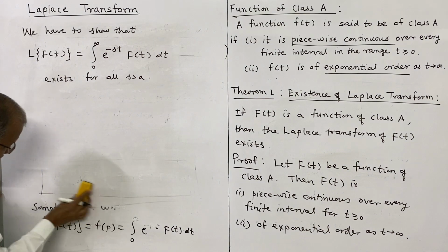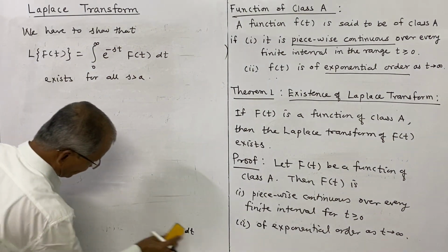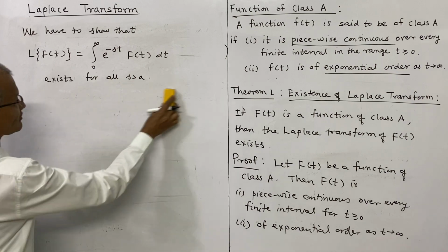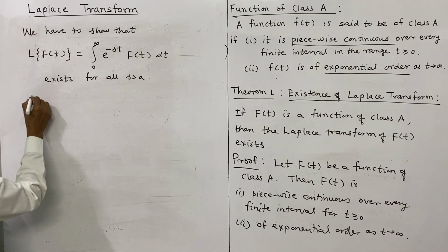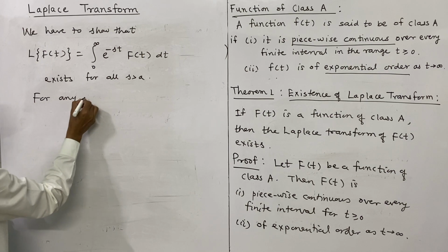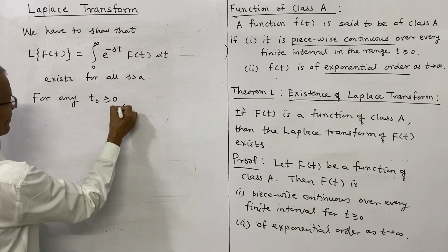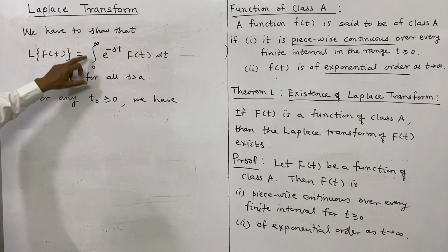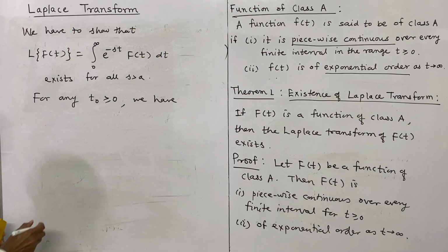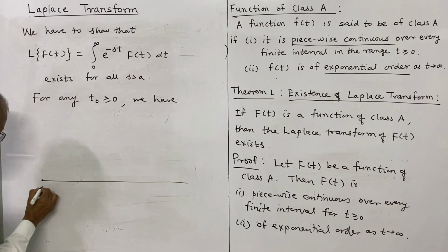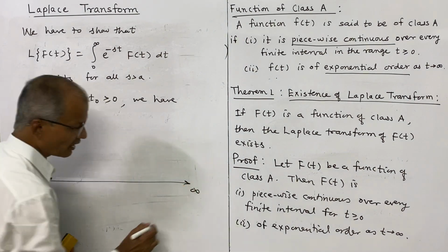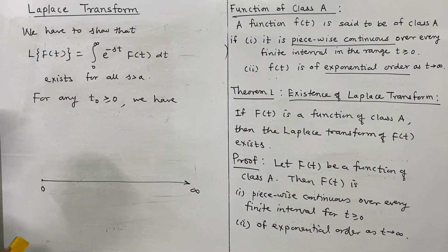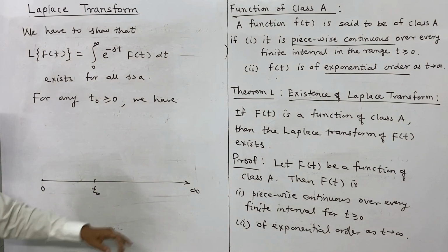Now suppose t is a finite number. Let now any t naught greater than or equal to 0. In this range 0 to infinity, consider any number t naught, somewhere here, any value in the interval 0 to infinity.